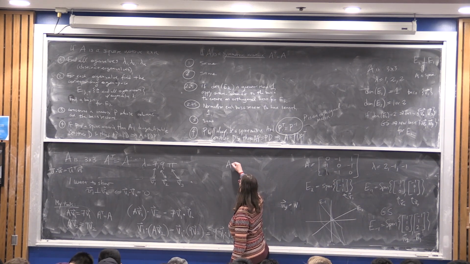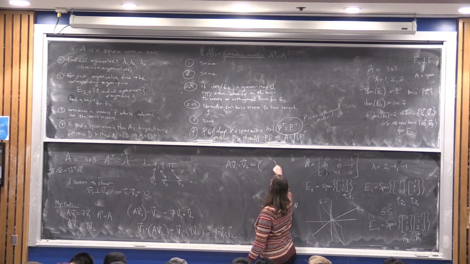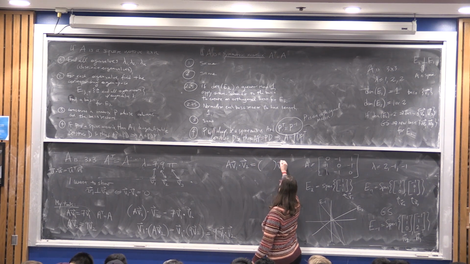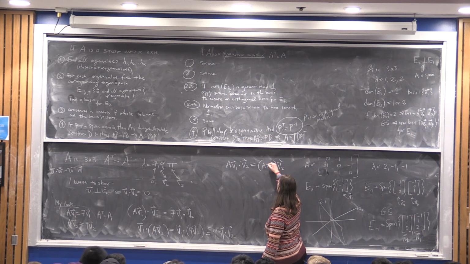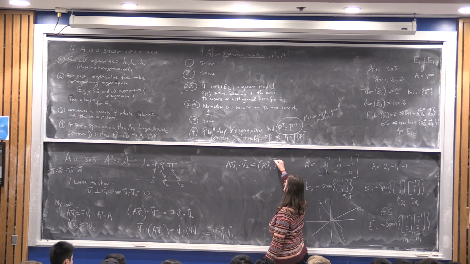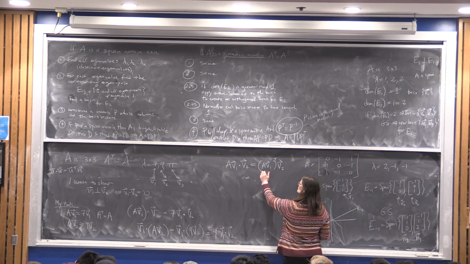So A times v1 dot product v2 is the same thing as what times v2? A v1 transpose. So this is the product of an n by n matrix with an n by 1 matrix.